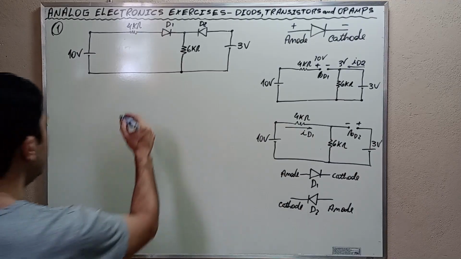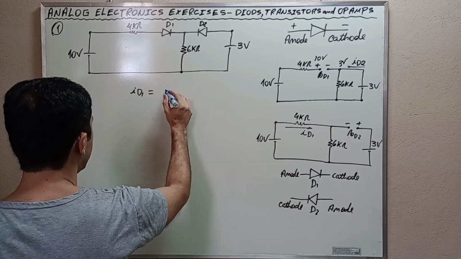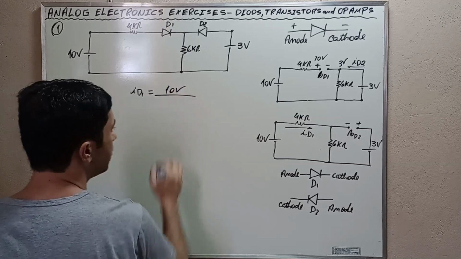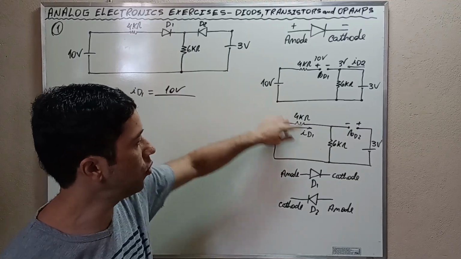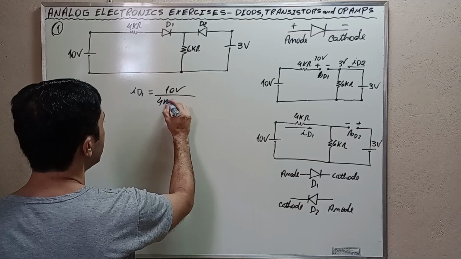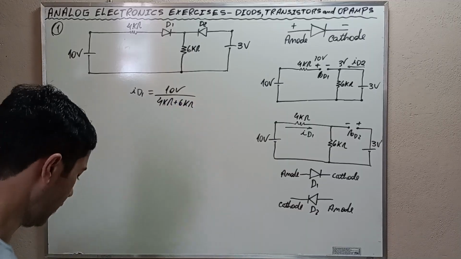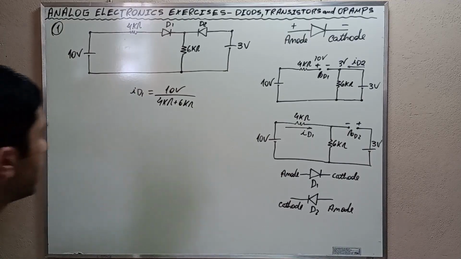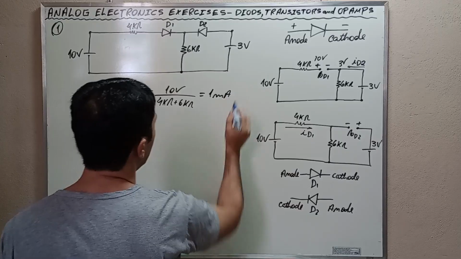Thus, ID1 is equal to 10 volts divided by the resistances 4 kilo ohms plus 6 kilo ohms. Okay? Then the value of the current is 1 milliamp.